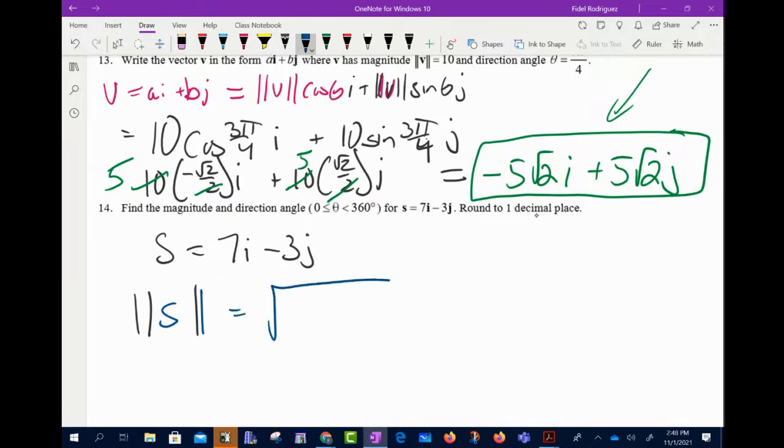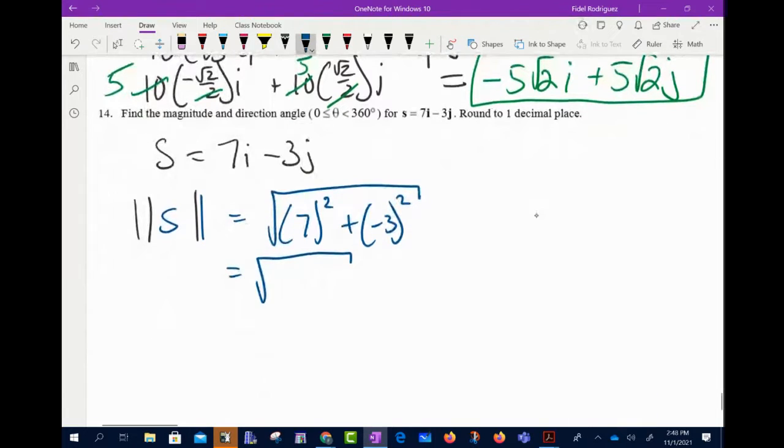So remember, the way we're going to find the magnitude is we take 7 squared plus negative 3 squared. 7 squared is 49, and negative 3 squared is 9, and 49 and 9 gives me 58.